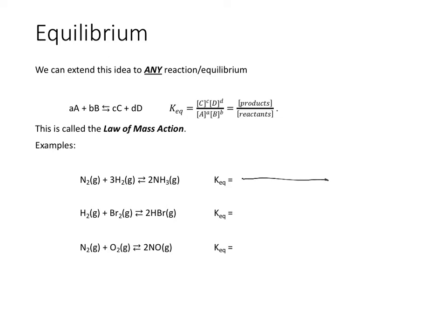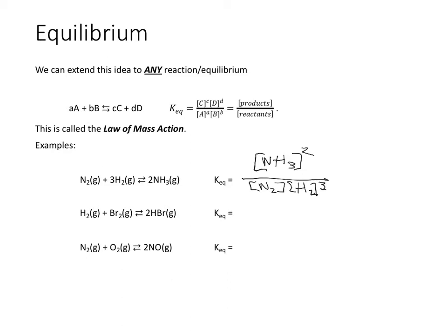So our equilibrium constant is going to be the concentration of ammonia raised to the 2nd power divided by the concentration of nitrogen times the concentration of hydrogen raised to the 3rd power. That's a 3. So again, look, that's products over reactants, and everything is raised to their stoichiometric power. I didn't put a 1 by the concentration of N2 because when we learned our algebra, we know we don't put an exponent of 1.